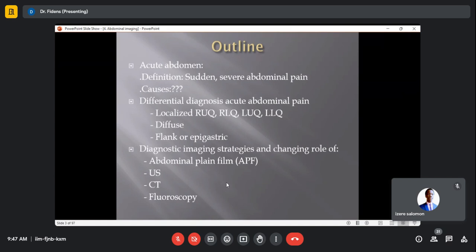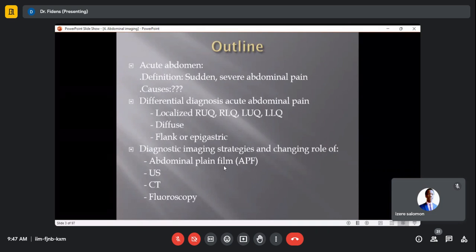Now, whether it is localized or diffuse abdominal pain, as a medical doctor you can think of which imaging modality to use to diagnose the cause of that pain. In most cases, we use plain abdominal X-ray when the pain is diffuse, okay?